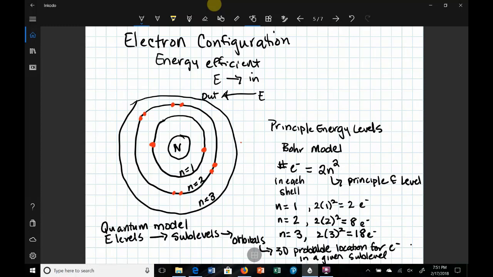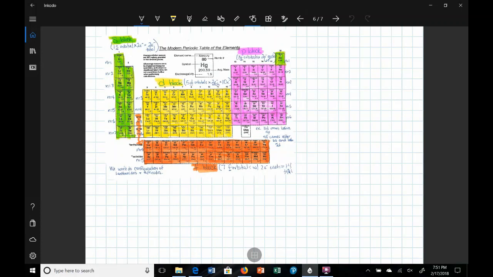As we move away from the nucleus, electrons have higher and higher energy. And we know this from electromagnetic radiation studies.